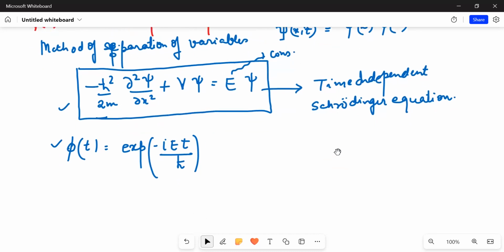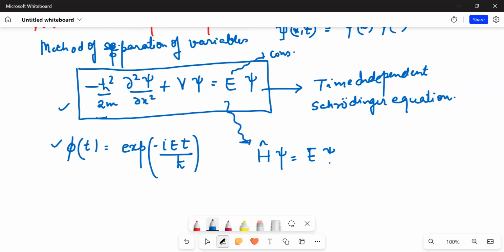We can also write this in operator formalism, where H is the Hamiltonian operator operating on psi gives you E psi. Further, what is this Hamiltonian operator?